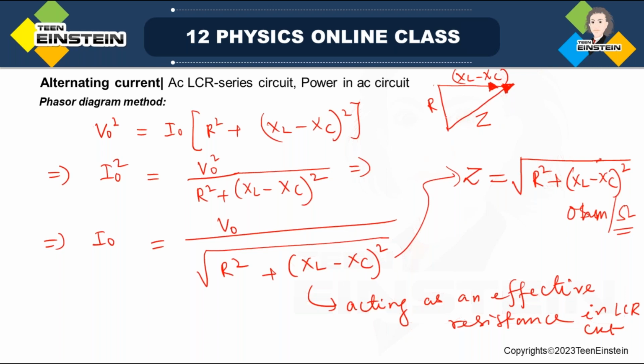This is the angle phi. So what is tan phi? Tan phi is equal to XL minus XC divided by R. Okay, what is cos phi then?